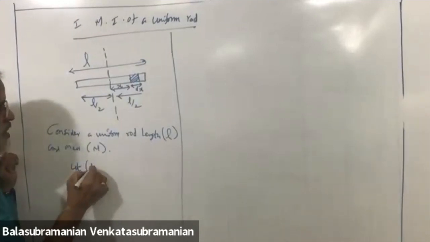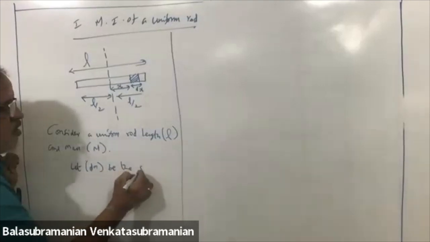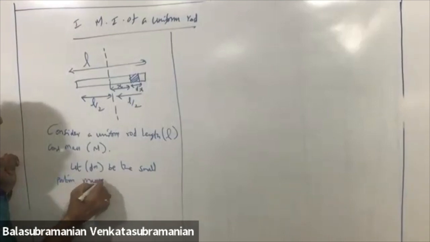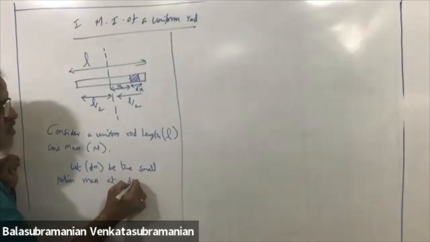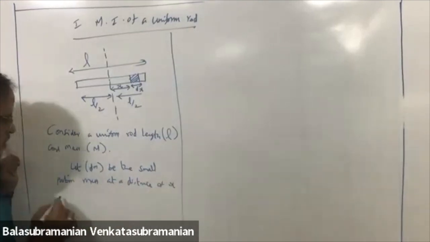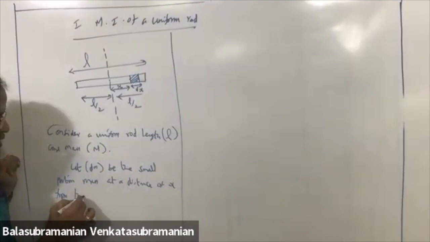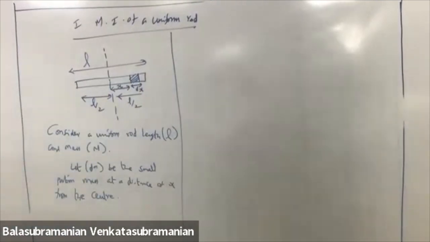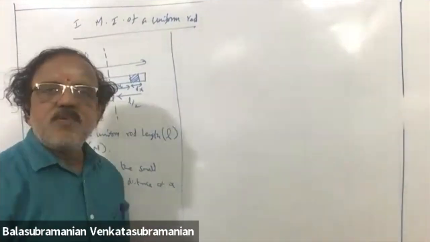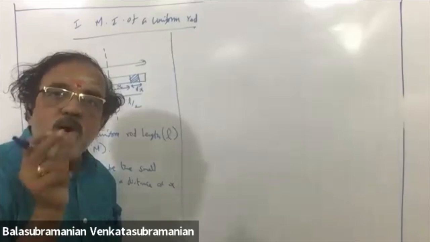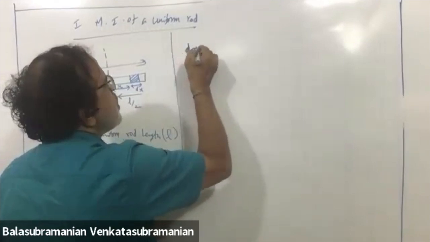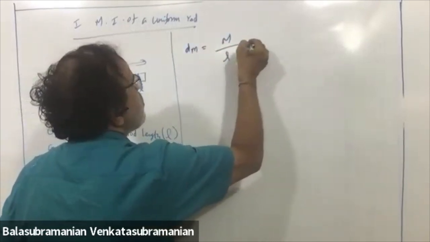Let dm be the small portion mass at a distance of x from the center. Total mass is M. Total length is L. I want the mass for that small portion. Therefore, dm is equal to M by L into dx.